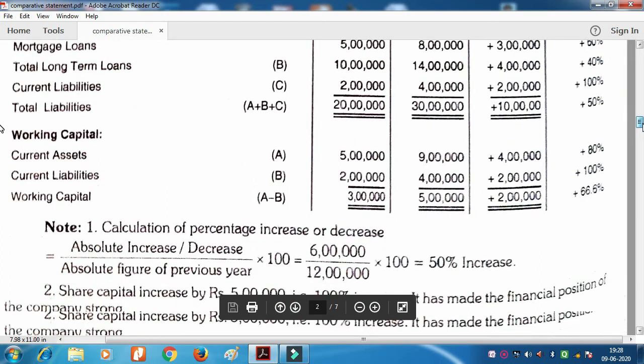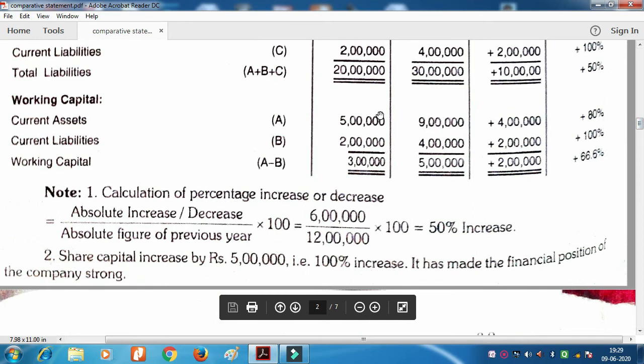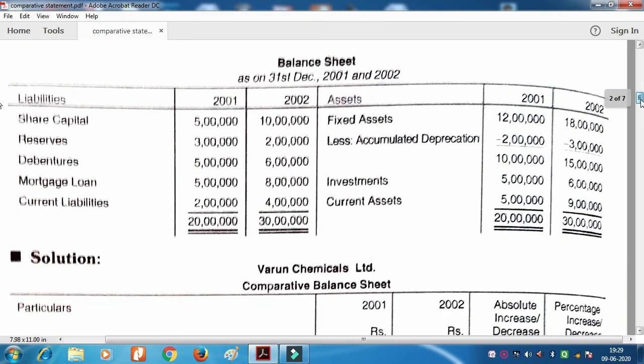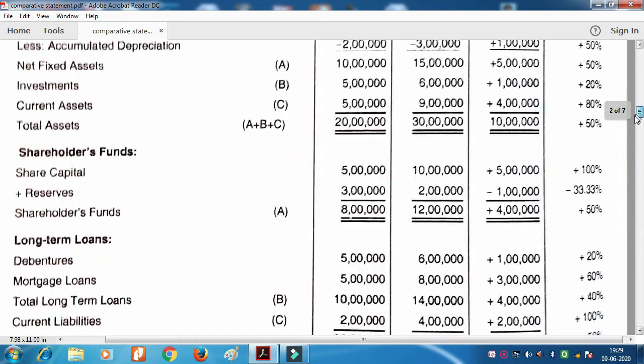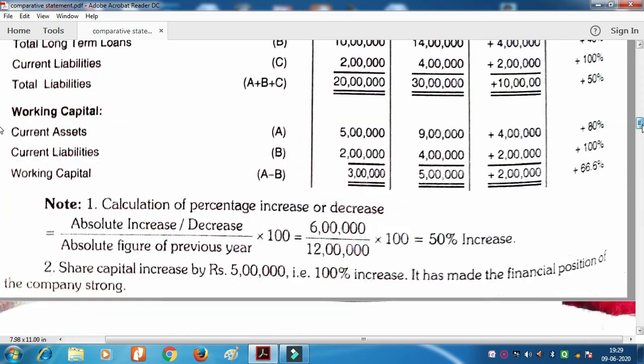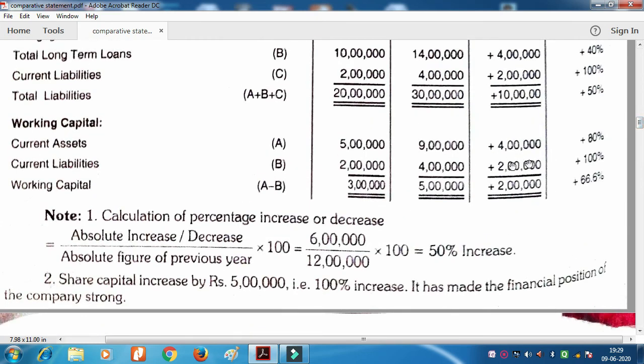Similar logic will follow in case of current asset and current liability. You can see the current asset is given, current liability is also given. By following that concept we can see the net increase or decrease, and here we are taking not current asset and current liability separately but working capital, that is current asset minus current liability.